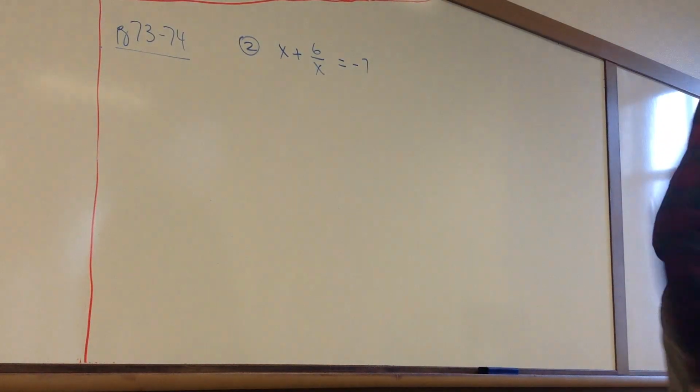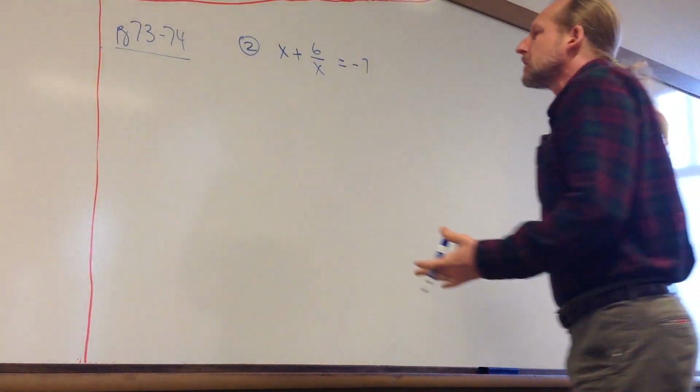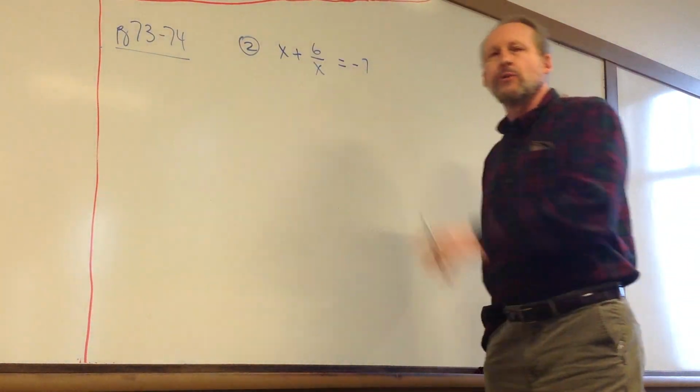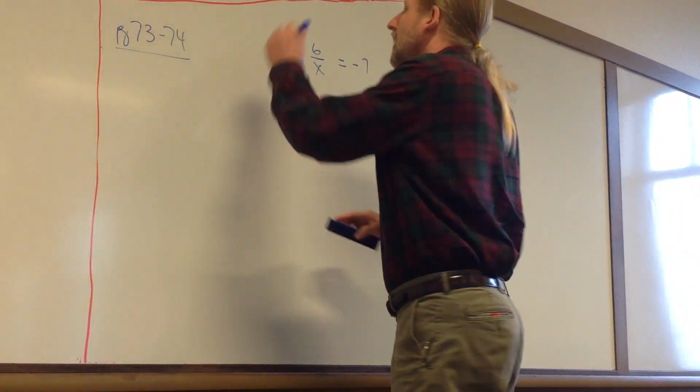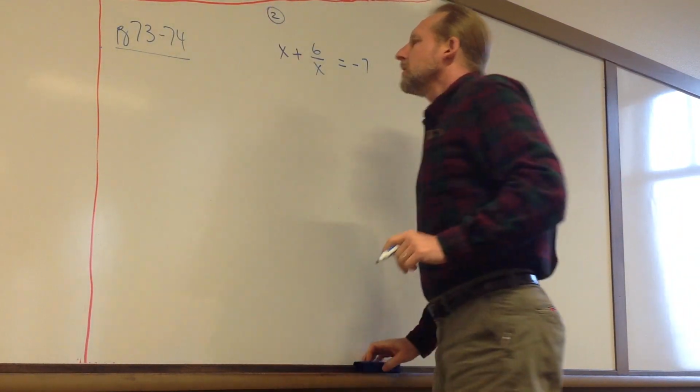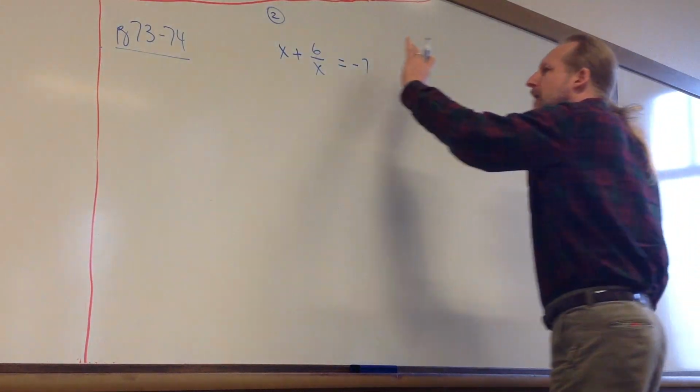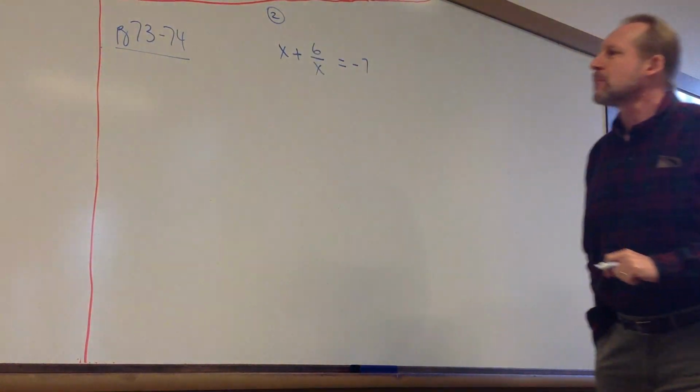Now there's a lot of different techniques that people use to solve equations like this that are all actually really the same thing. And they all involve sort of clearing out the denominator, right?